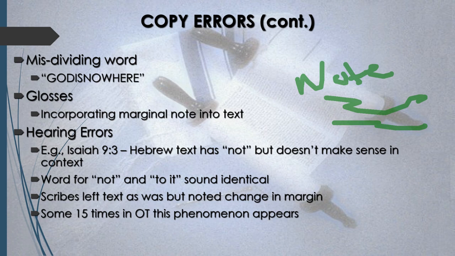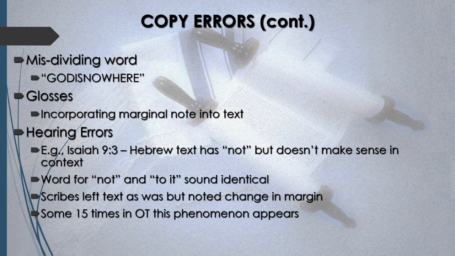When you have handwritten books and handwritten glosses, sometimes in the copying procedure, the person who's copying now has to determine, what do I do with this note? Is this note supposed to be part of the text? Do I insert it into the text? Or do I just delete it and not copy it to the next one? Well, we have copies of manuscripts where in an earlier copy, there's a gloss in the side, a little side note.